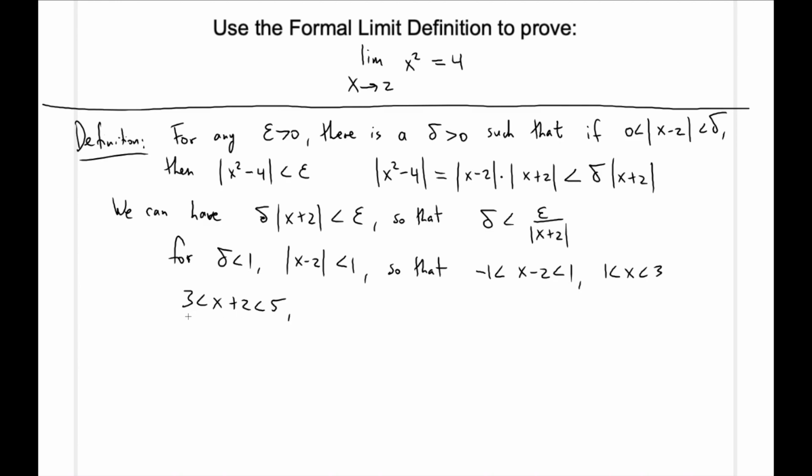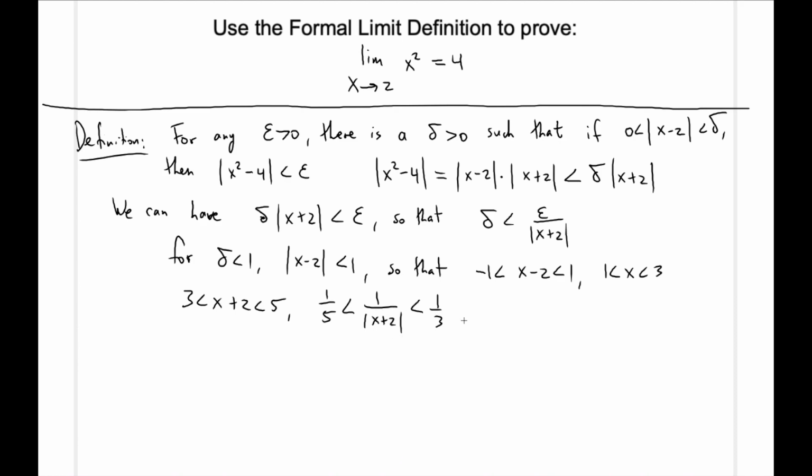Now, the absolute value of x plus 2 must be in the denominator, right? So we have to take reciprocals. If you take reciprocals, 1/3 will be greater than 1/5, so you have to switch the placement. So it's going to be 1/5 is less than 1 over the absolute value of x plus 2, just to make sure we get a positive, is less than 1/3.